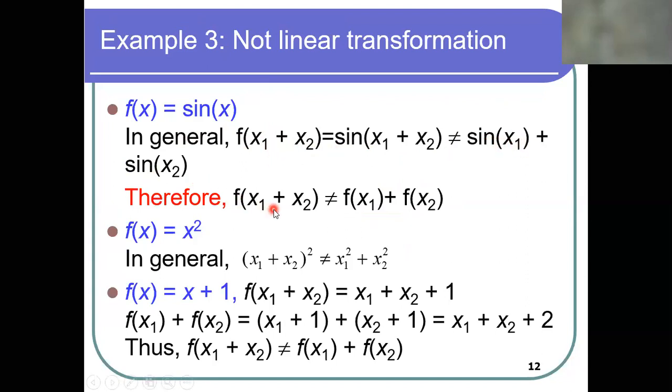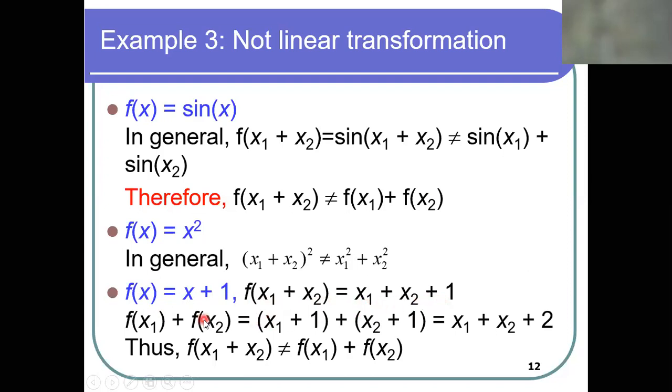Therefore, f of x1 plus x2 is not equivalent to f of x1 plus f of x2. In the case of f of x square, it is also nonlinear because it doesn't satisfy this property. If you take another example like f of x is x plus 1, and you insert x1 plus x2 in place of x, you get x1 plus x2 plus 1.